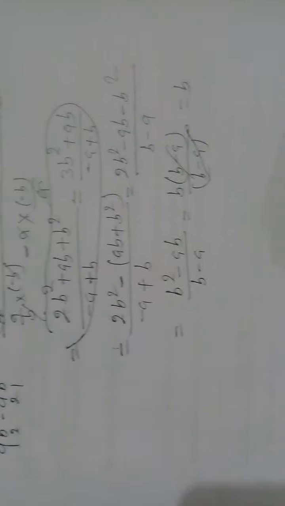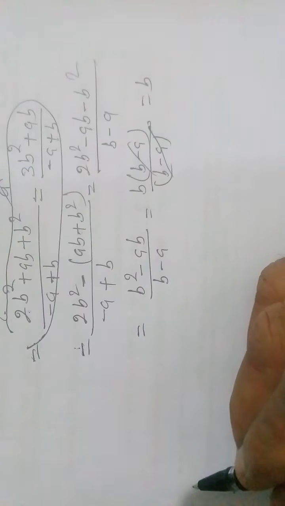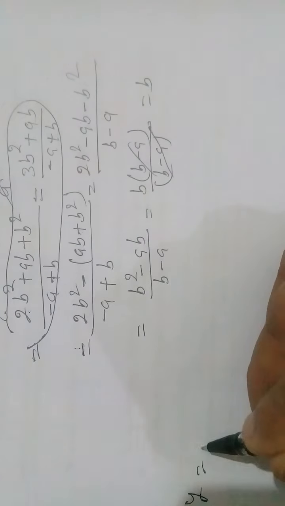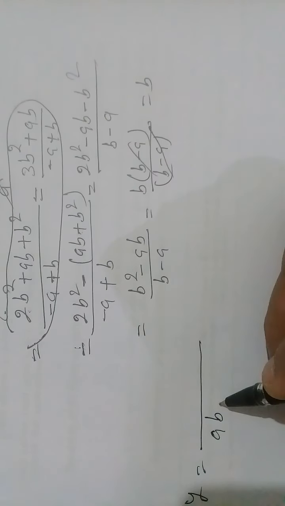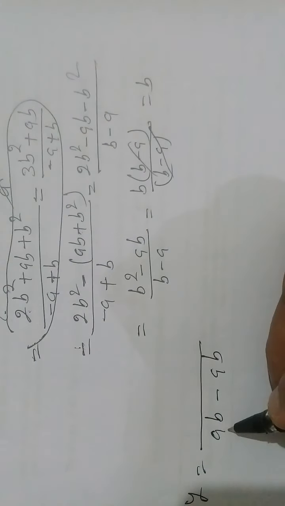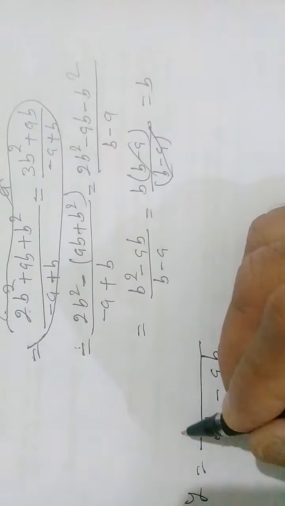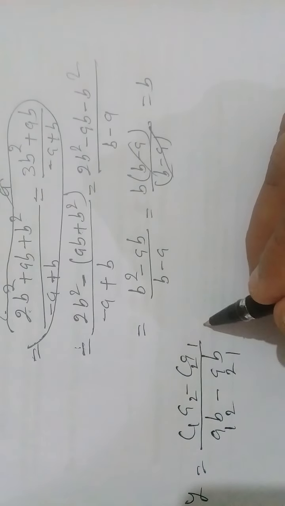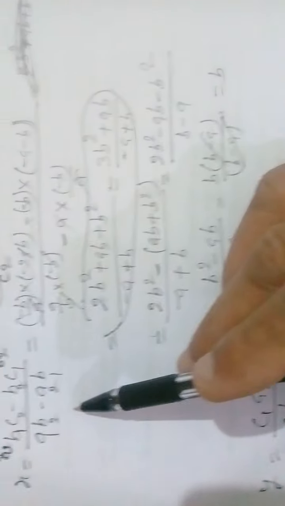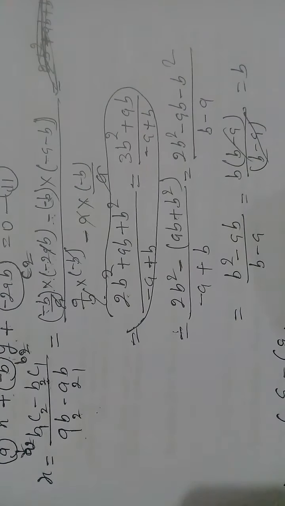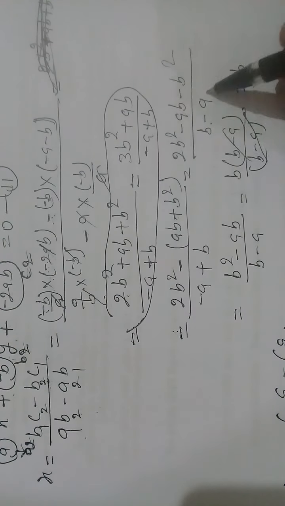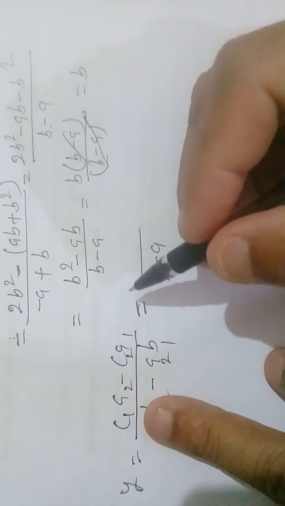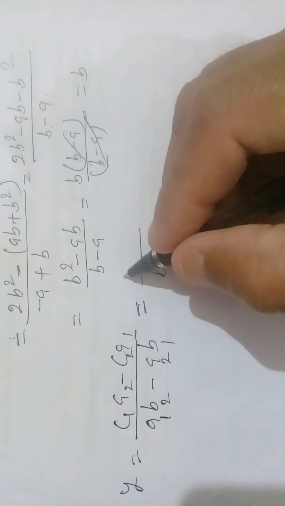Yes, right? And next, y is equal to here ab minus ab, 1 2 2 1. Here ca minus ca, 1 2 2 1. The denominators of x and y are equal, so the denominator is b minus a, b minus a, b minus a. Now putting the value of c1.